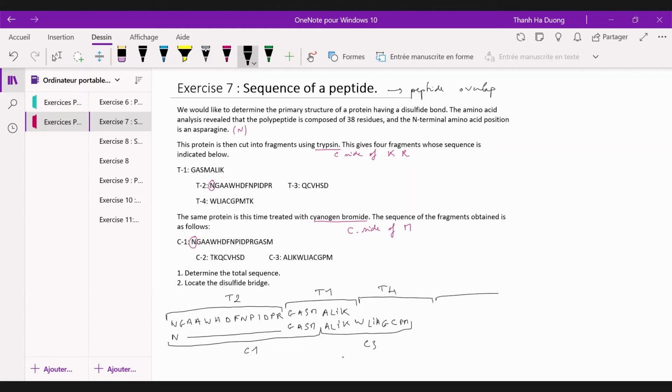And at the end, T3. Okay? So T3, it's H. Understood the principle of peptide overlap? It's quite easy. No difficulty.